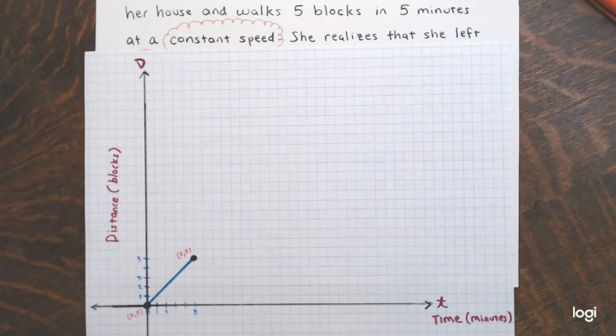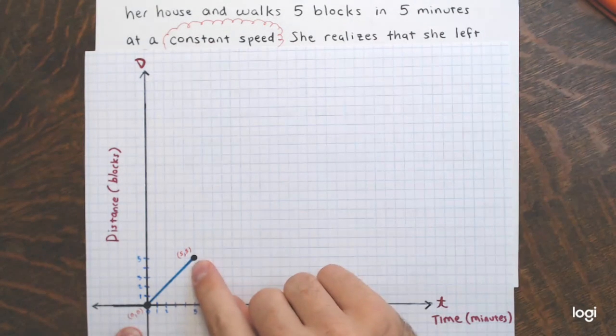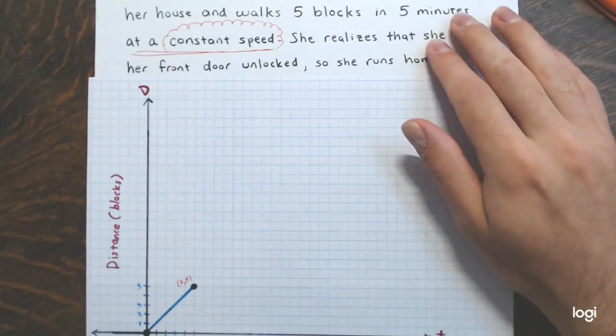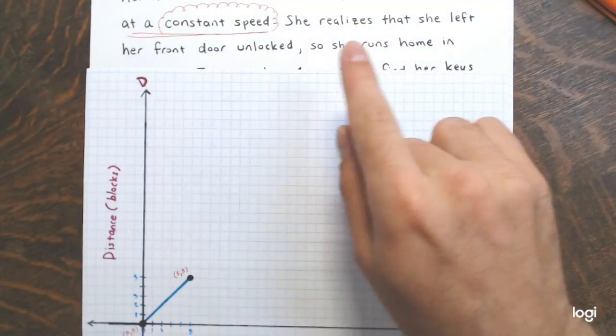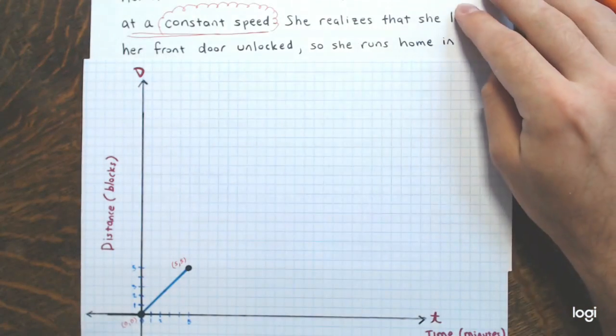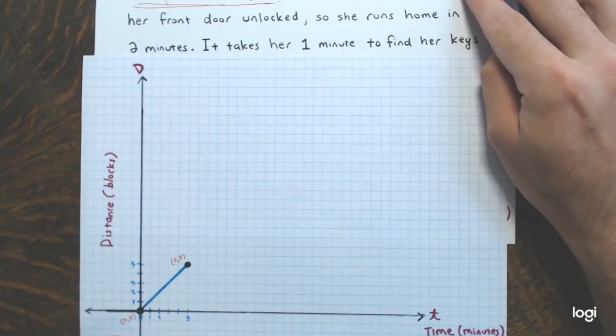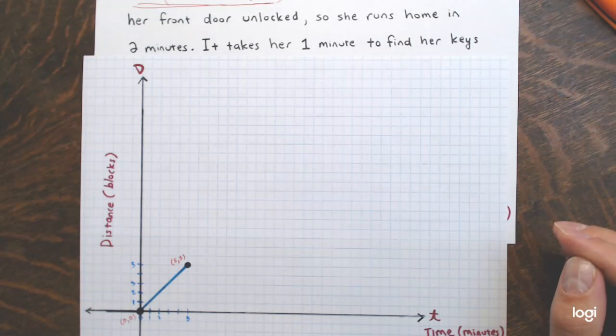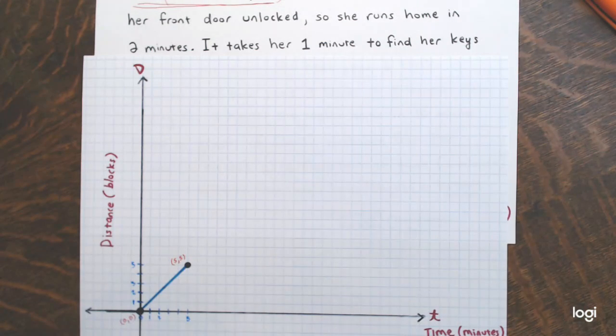Great. Alright. Now she's 5 blocks away from her house. And then she realizes that she left her front door unlocked. So she runs home in 2 minutes. So 2 minutes later, we're at the 5 minute mark here.